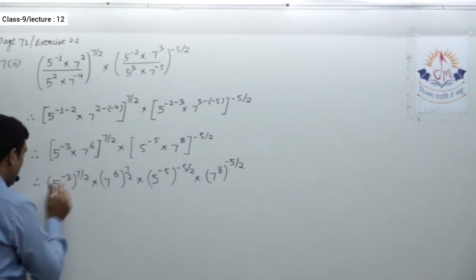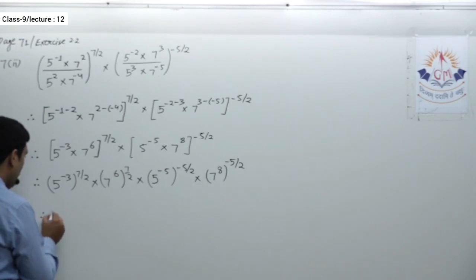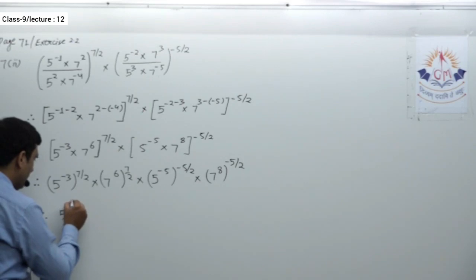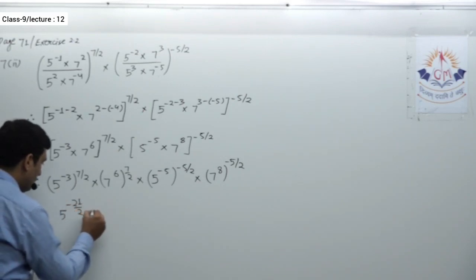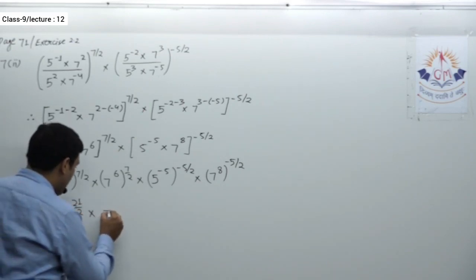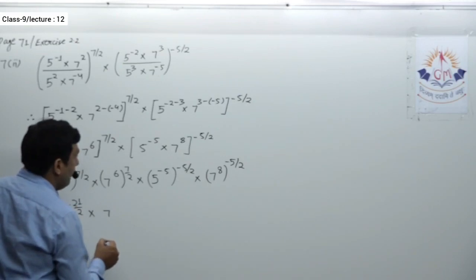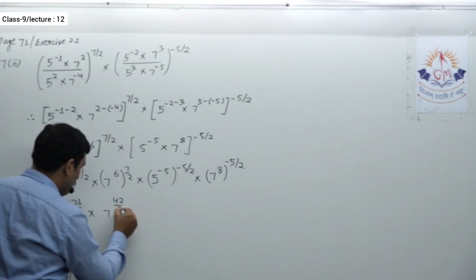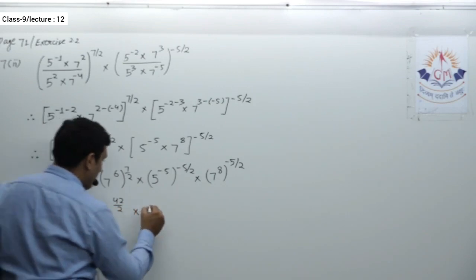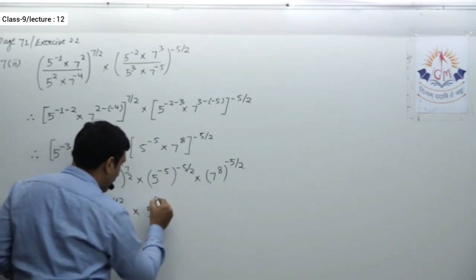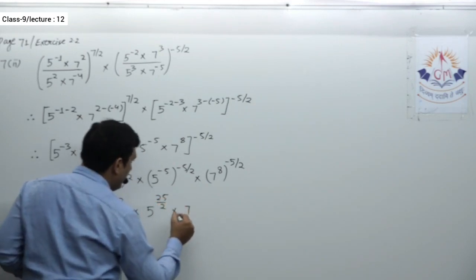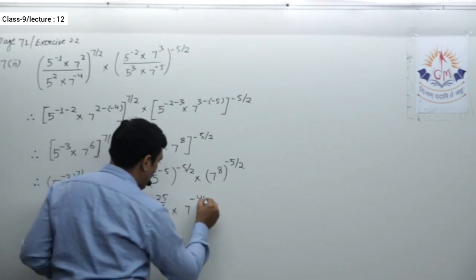Now if over here I apply the power law, this will become 5 raised to minus 21 upon 2 multiplied by 7 raised to 42 by 2 multiplied by 5 raised to plus 25 by 2, 7 raised to minus 40 by 2.